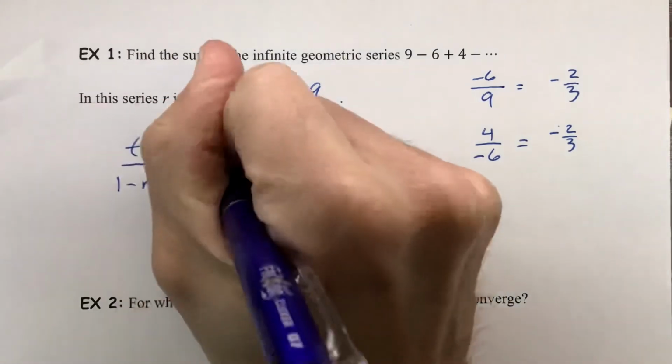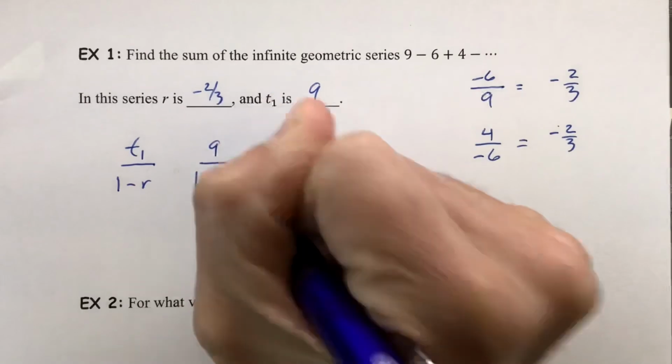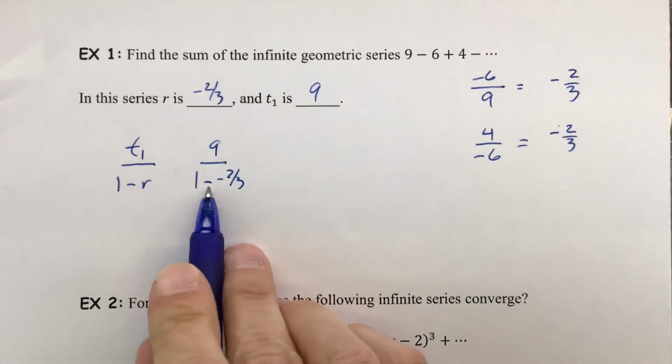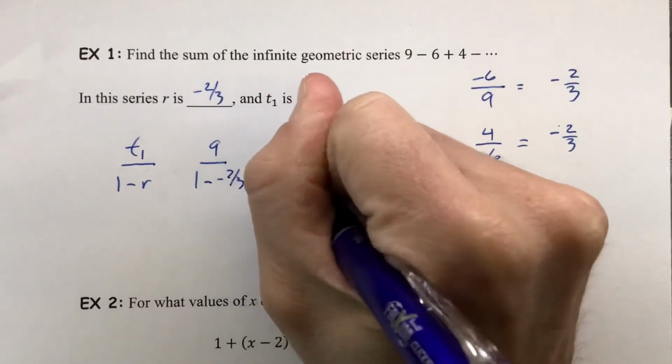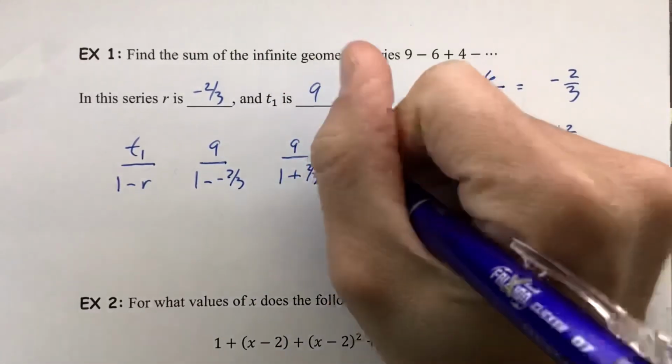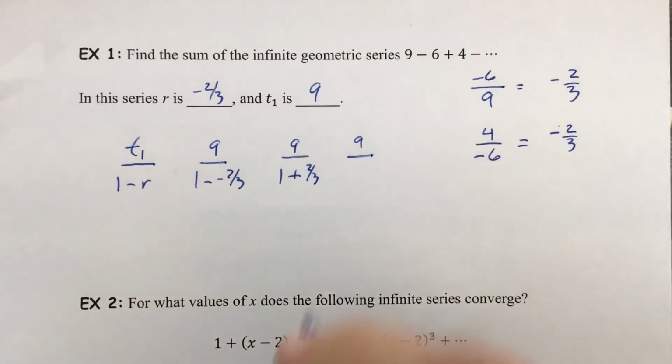So t1 is 9, and we're going to have 1 minus negative 2/3, which will become adding, right? So you've got 9 over 1 plus 2/3. That would be the same thing as 9 over 5/3.